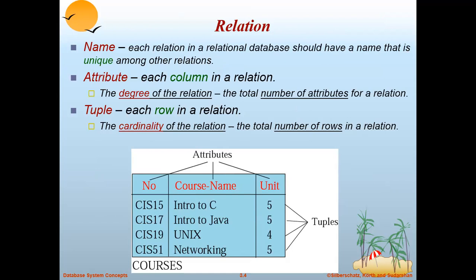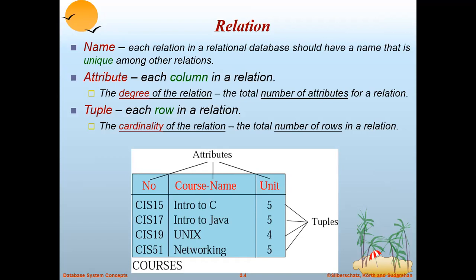So if we compare the number of relations, every relation name should be unique. Same case with the attribute. An attribute is each column in a relation. If a relation contains 3 columns, the three columns are represented as attributes of that relation.